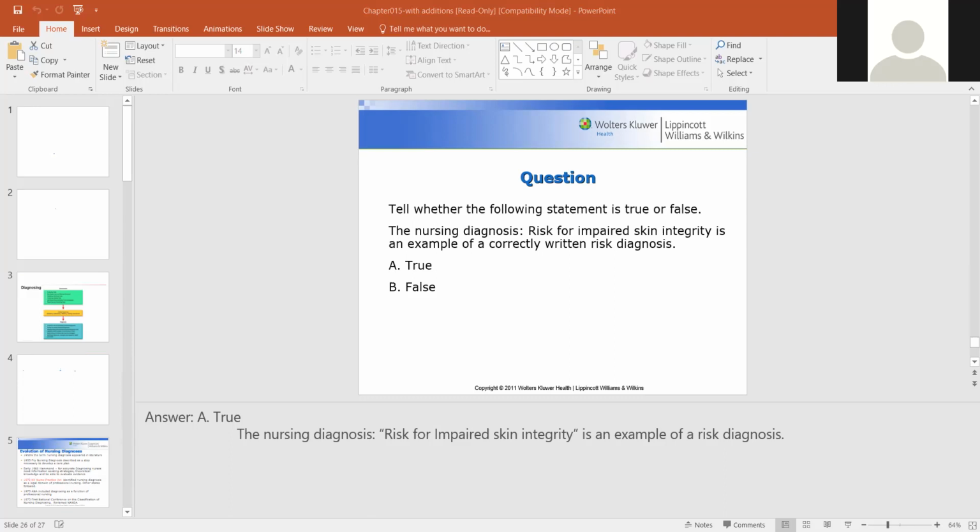But if I said ineffective breathing pattern related to inflamed airway as evidenced by shortness of breath, increased respirations, now I have an actual nursing diagnosis. My patient actually does have this ineffective breathing pattern, and it is related to the fact that their airway is inflamed. There's excessive productive mucus being formed, right?